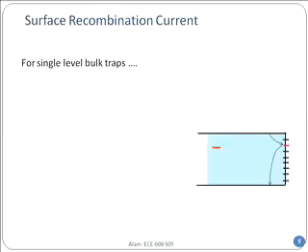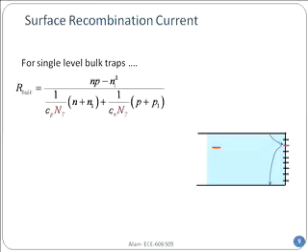So let's start. Let's start reminding ourselves what the formula was for a single level bulk trap last class. Do you remember this horrible looking formula? Np minus Ni squared. In equilibrium, N naught P naught is equal to Ni squared. No generation, no recombination in equilibrium.